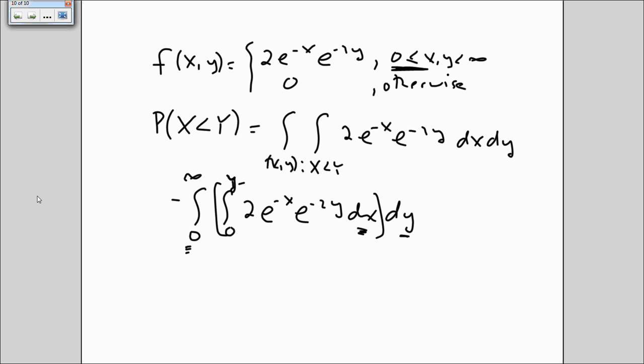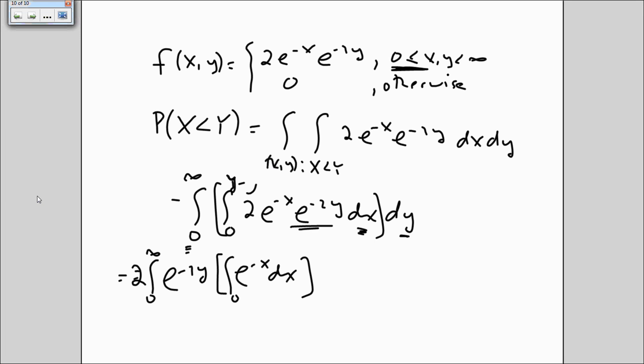Okay, so now this becomes the integral from 0 to infinity. In fact, the 2 comes way in front. And then I'll write the y pieces, e to the negative 2y, the y factors. And what's left is this, dx.